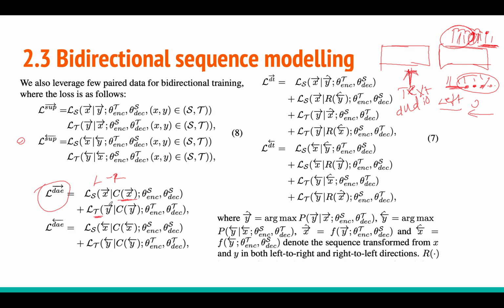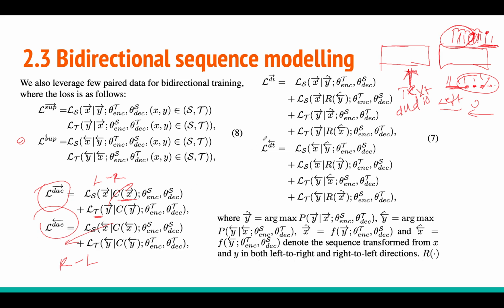You are predicting the sequence of words from left to right. The loss from right to left is the opposite. You want to predict from right to left given this sequence of frames, X, the corrupted version of X. So this is going from right to left, right? So this is a loss.